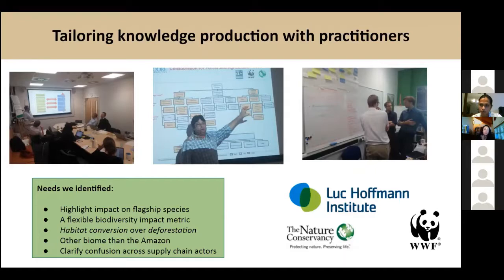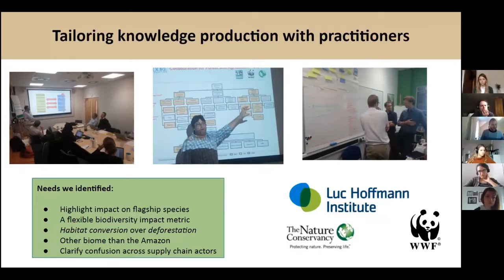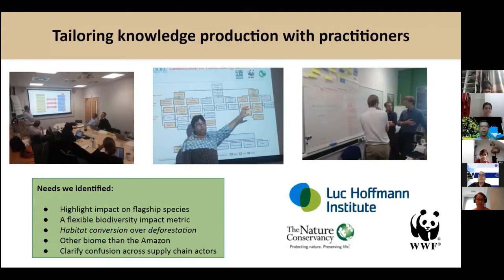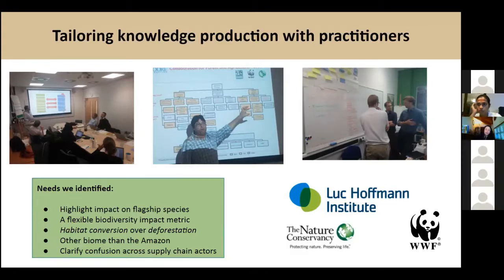As I said, a practical biodiversity impact metric, or flexible metric, also a metric that was able to assess any type of habitat conversion and not only deforestation, and therefore could also be implemented in other biomes than the Amazon, because as you might know, the Amazon has attracted a lot of attention in Brazil, and sometimes other biomes have been a bit overlooked.